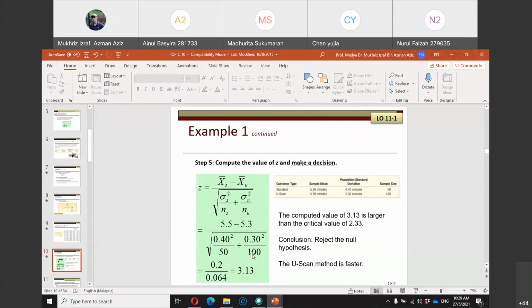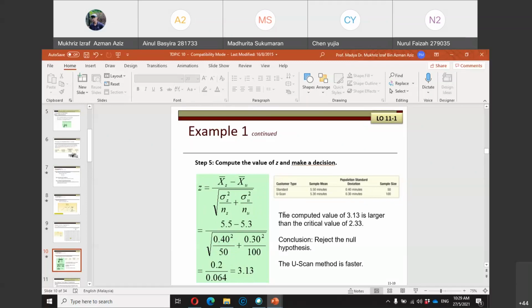And the rest is just plugging in: sigma square s divided by n. This information is given, so you simply plug them into the equation, and you should derive the final answer here to be 3.13.